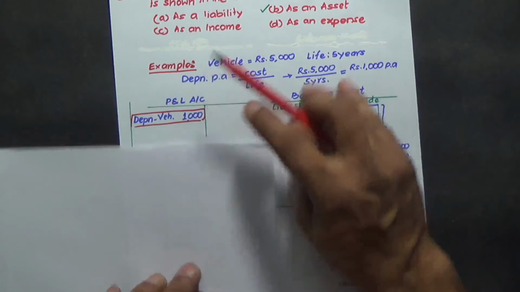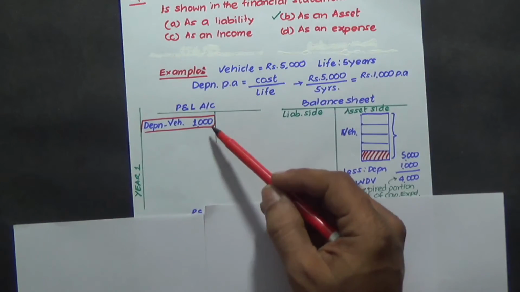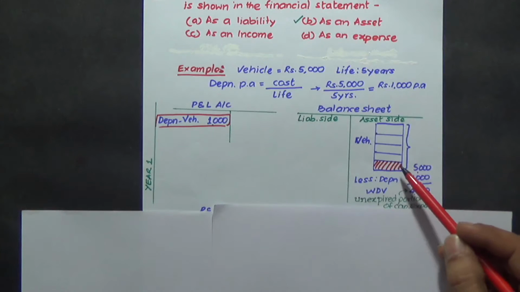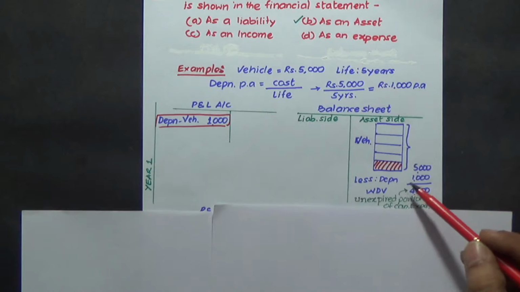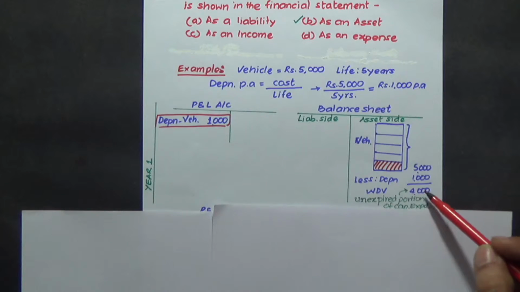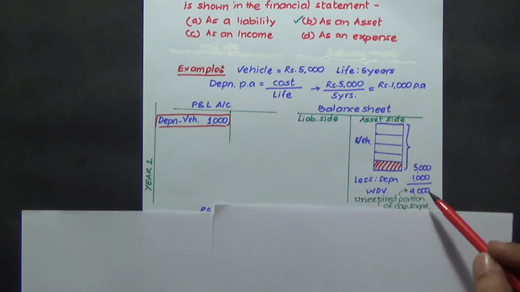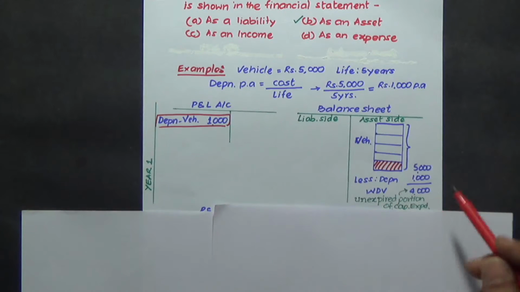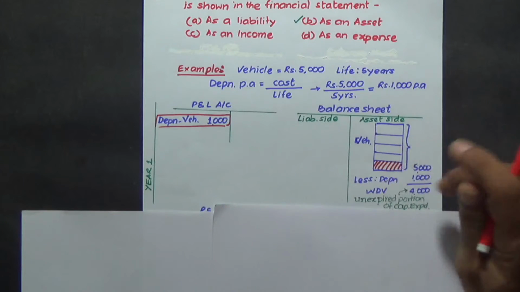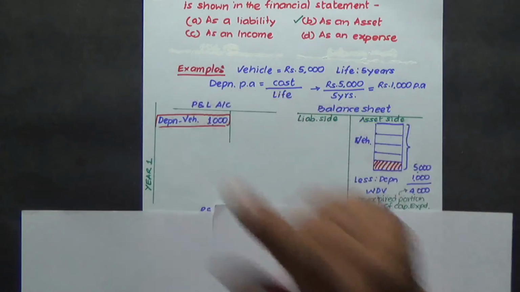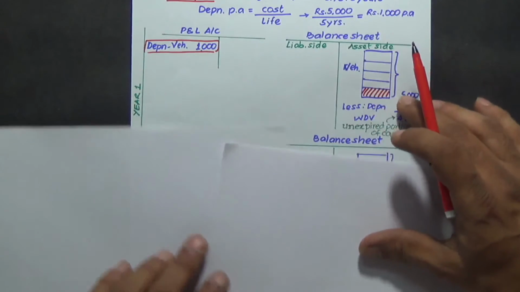So in this year, year 1, we have utilized 1,000 rupees worth of this fixed asset. So this 5,000 rupees gets reduced by 1,000 as depreciation, and the carry forward amount 4,000 is called WDV, written down value, 4,000 is carried forward. So of this 5,000, 1,000 worth of expenditure, 1,000 worth of the benefit of this asset is picked up and put over here.